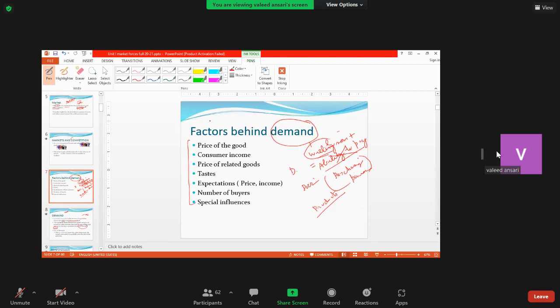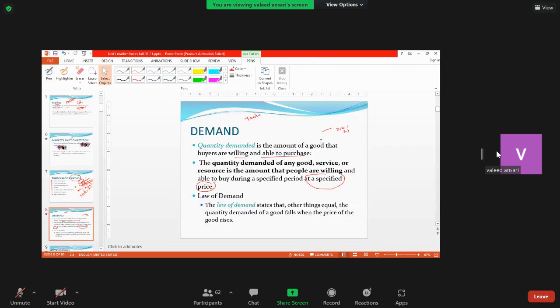then we also assume certain things. For example, if we take the first factor, price, which is also called the law of demand, and how it influences demand, then it is said that other things held equal. In economics, it is called ceteris paribus.